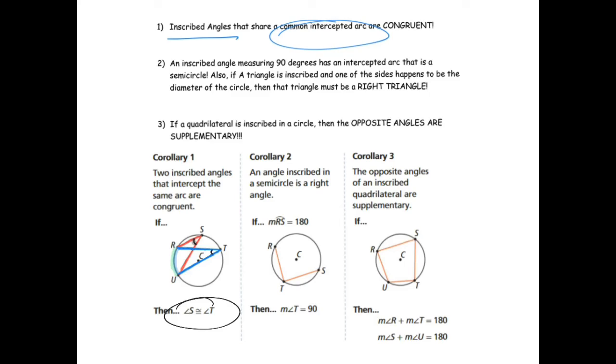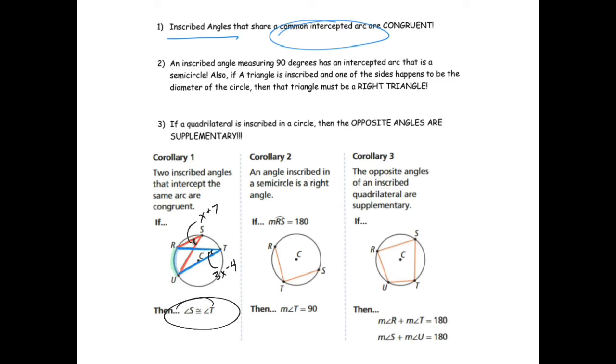A lot of times they throw some algebra in there. After you say that angle S is congruent to angle T, then they tell you, hey, angle S is x plus 7, and angle T is, I don't know, 3x minus 4. I'm just making things up.